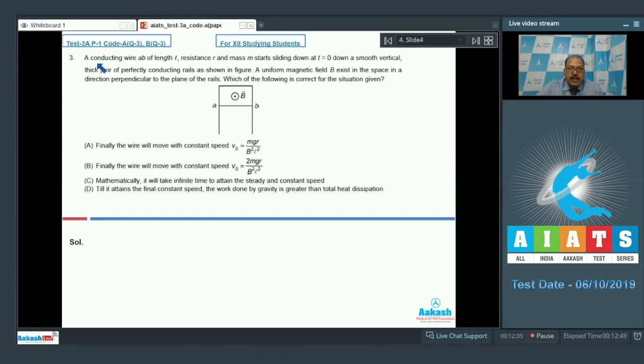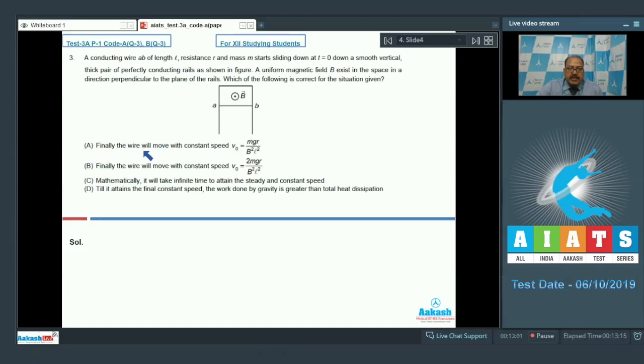Question 3 says, a conducting wire AB of length L, resistance R and mass M starts sliding down at t equal to 0 down a smooth vertical thick pair of perfectly conducting rails as shown in figure. A uniform magnetic field B exists in space in a direction perpendicular to the plane of the rails. Which of the following is correct for the situation given?